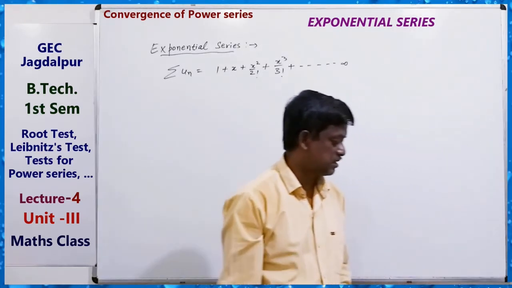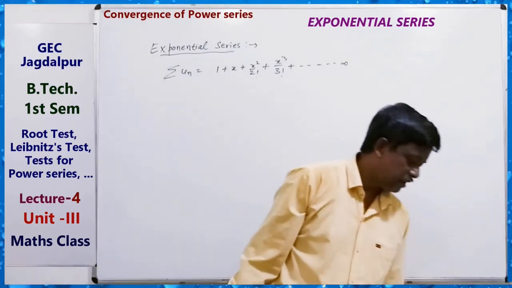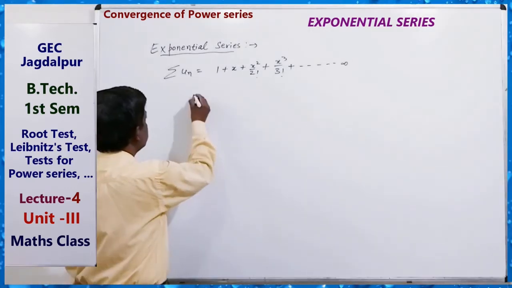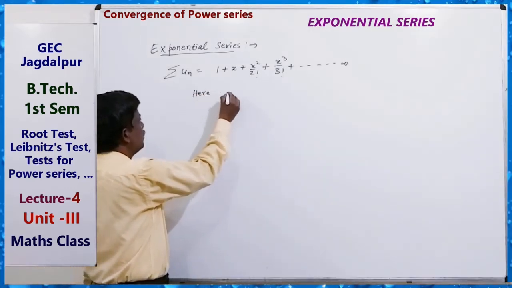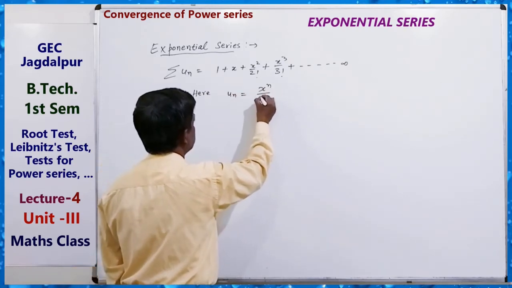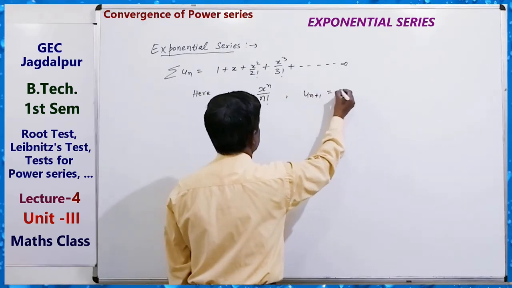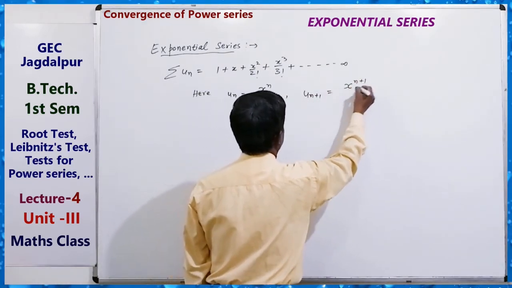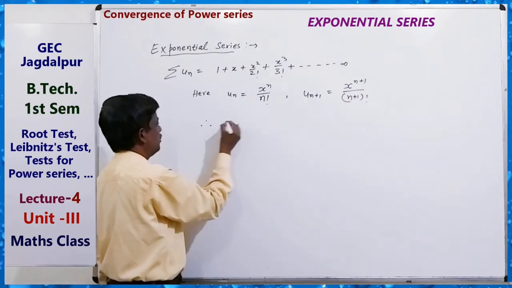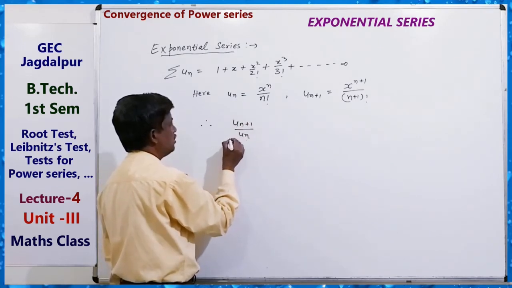That is, the values of x. This is very simple because see here, u(n) equals x to the power n upon n factorial, and u(n+1) equals x to the power n plus 1 upon n plus 1 factorial. Therefore u(n+1) upon u(n) equals what?